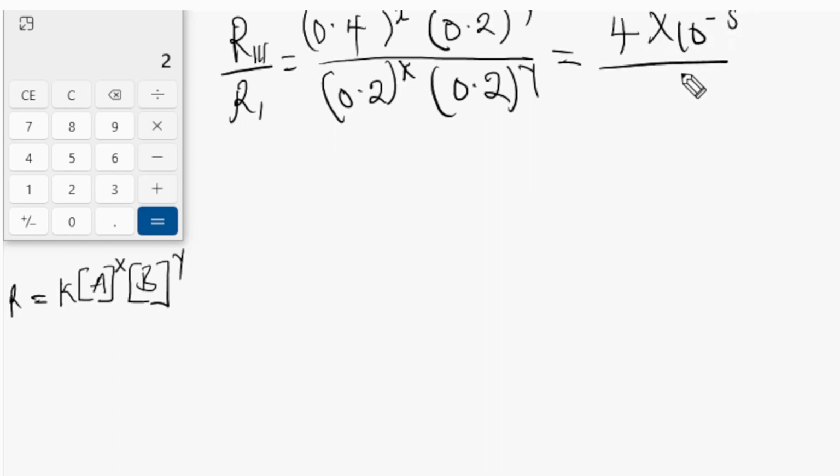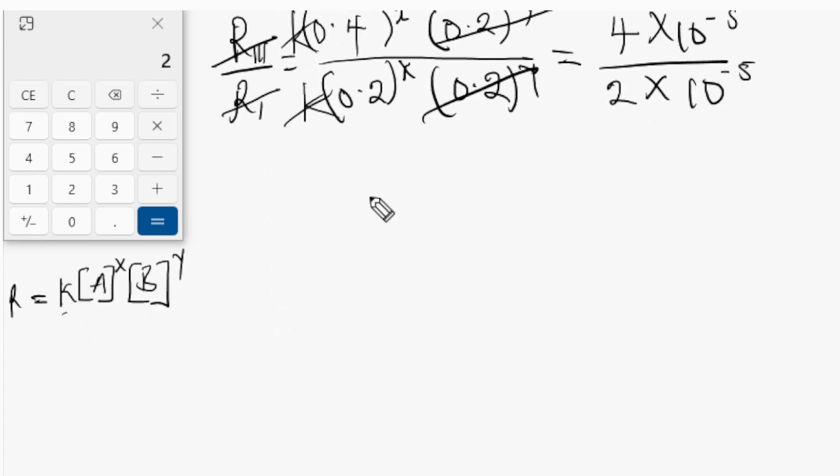And then for 1, we have 2 times 10 to the power of negative 5. So with this, we can cancel out y, and we can cancel out every other thing. So remember that this is times k, so we can cancel out the k from this equation.